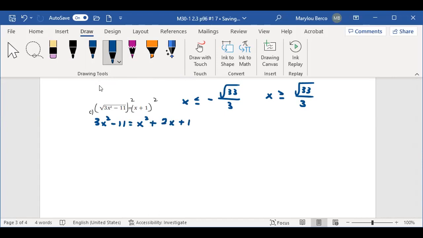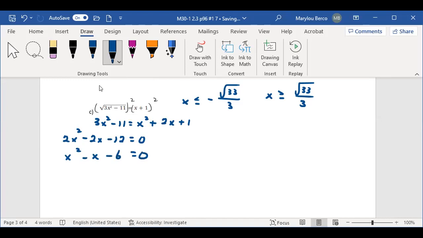Okay, moving it all to one side and setting it to 0, we get 2x squared minus 2x minus 12 equals 0. X squared minus x minus 6 equals 0. Just divide both sides by 2.